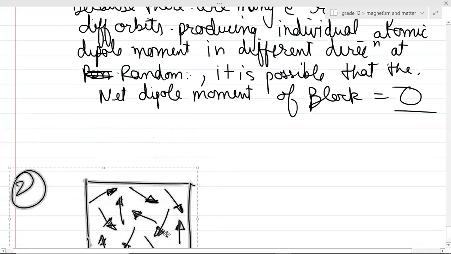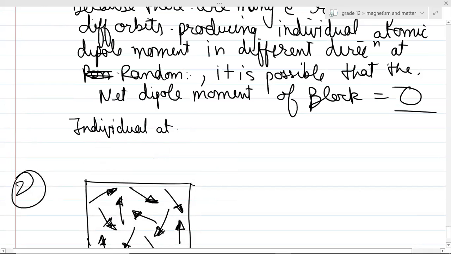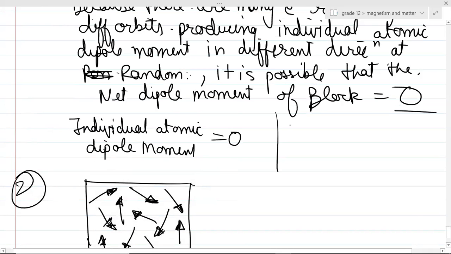I'm telling you. In the first case, individual atomic dipole moment is also zero, and overall dipole moment is also zero.